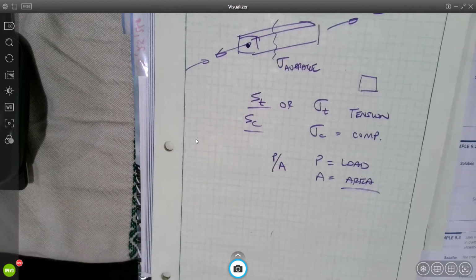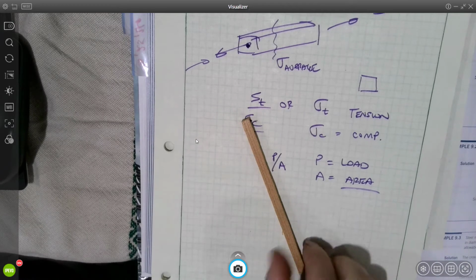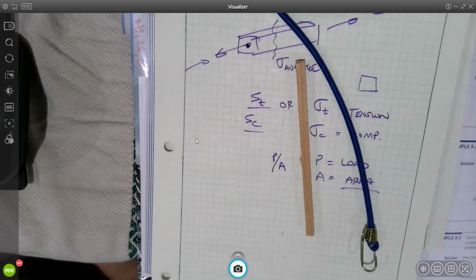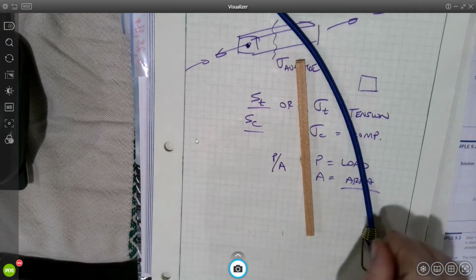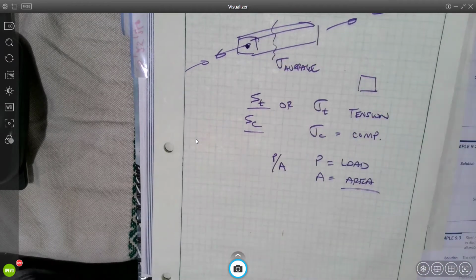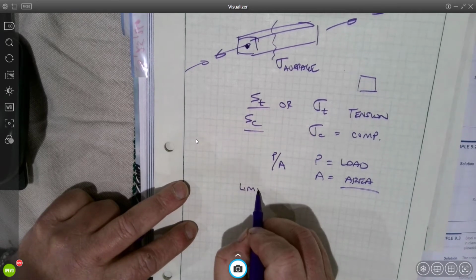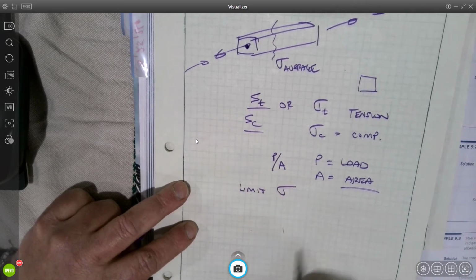Where we're going with this is that materials can take different stresses. Wood, for example, will take a certain amount of stress. Steel will take a different amount of stress. A bungee cord will take, again, a different amount of stress. So the reason we calculate stresses is to compare them to some kind of limit.